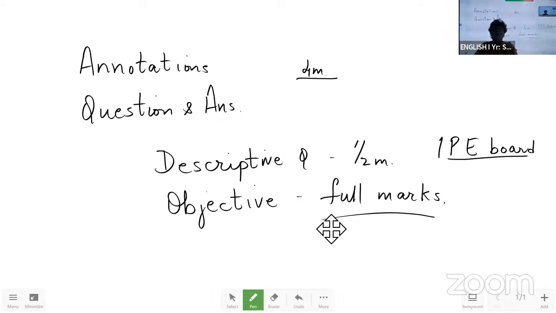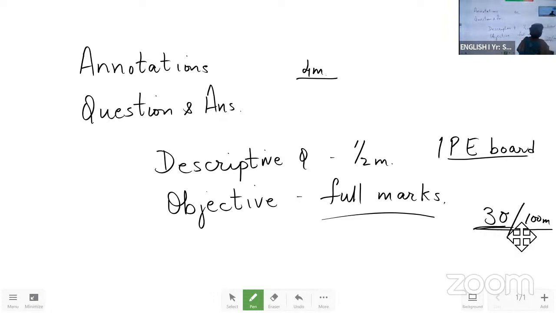Think yourself to be an examiner. Place yourself in their shoes. Every day they get 30 papers of 100 marks.